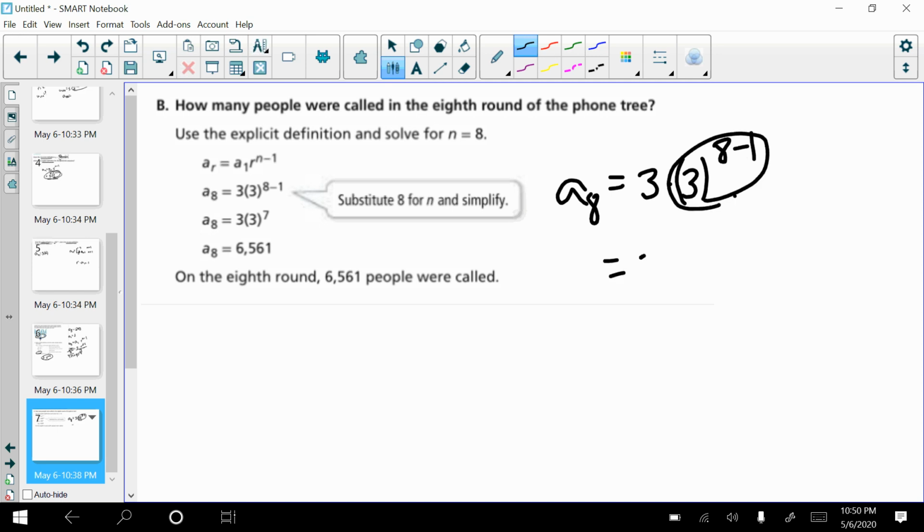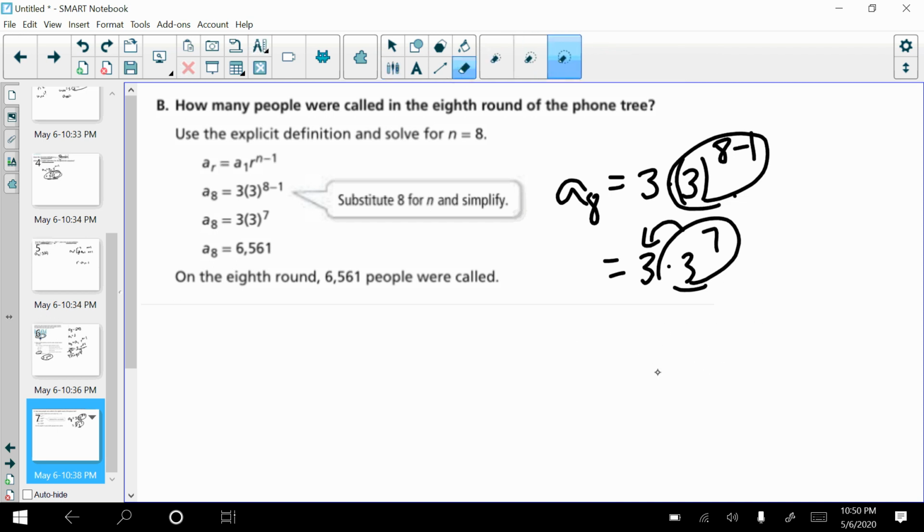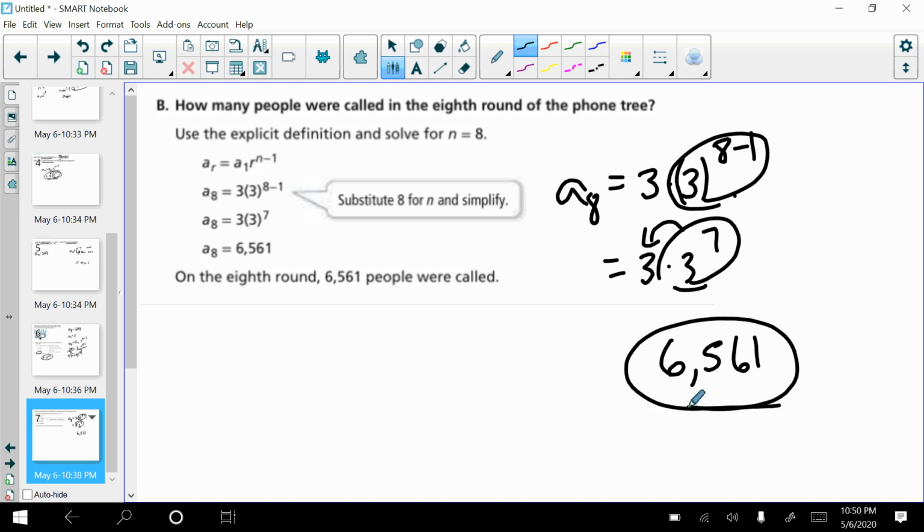This is going to be 3 times 3 to the 7th power. So 3 to the 7th power first, then times it by 3 in the calculator, and that's where they get the 6,500. What in the world? 6,561. So that's how many people call me.